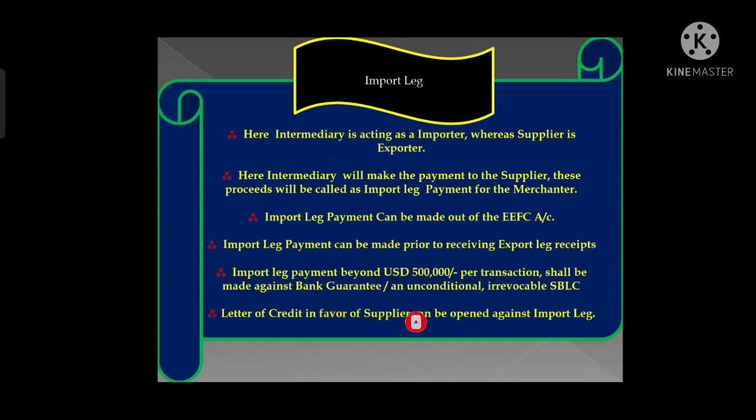Now we will talk about the import leg. Under the import leg, the intermediary is the importer, meaning the Indian entity is acting as an importer, whereas the overseas supplier is the exporter. Whenever the Indian intermediary imports the goods, it needs to make the payment against the imported goods.